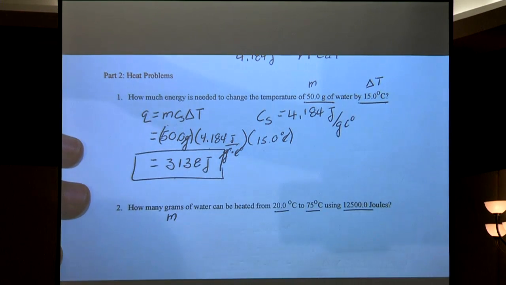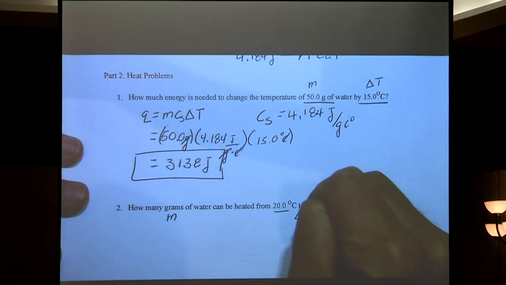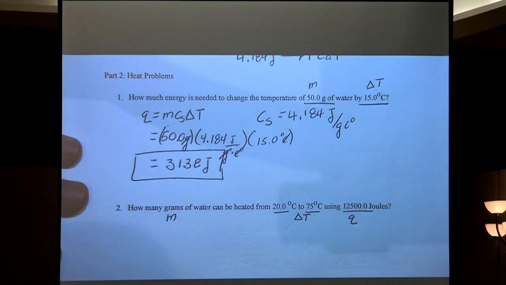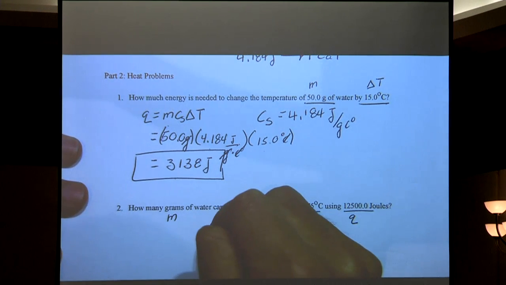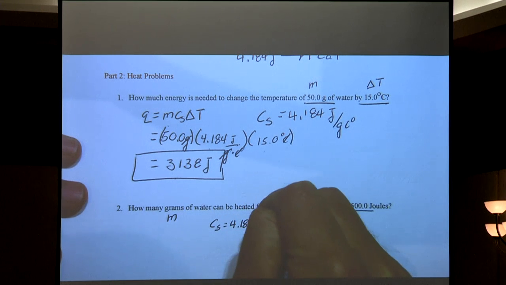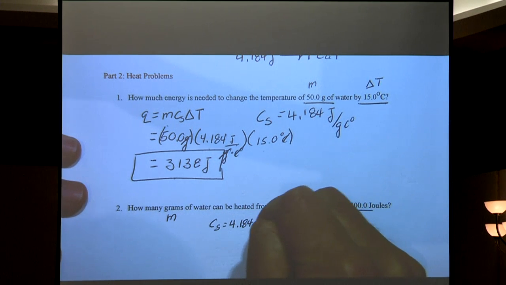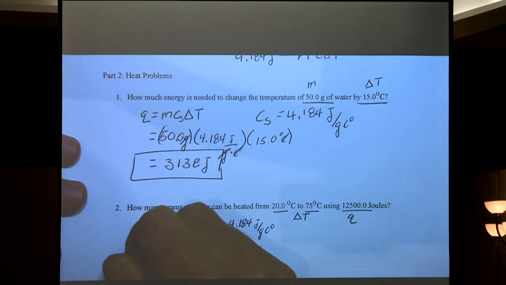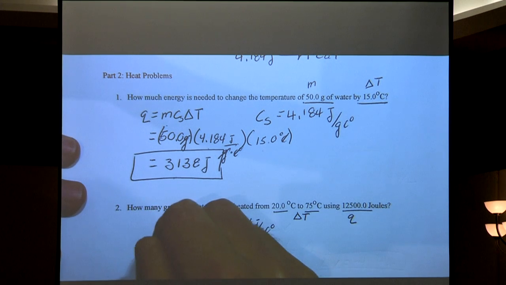We're looking for M. We have a delta T. And we have a Q, amount of energy and heat. Okay? And what's our CS for water? 4.184 joules per gram times degrees Celsius. So what formula am I using? Awesome. We're going to use Q equals MC delta T.